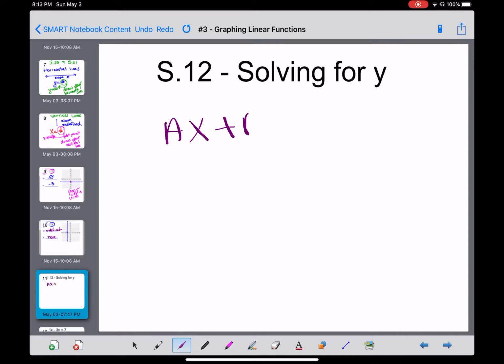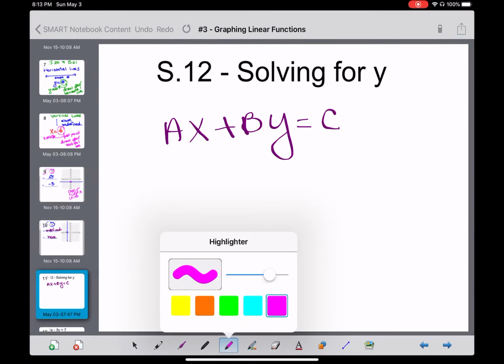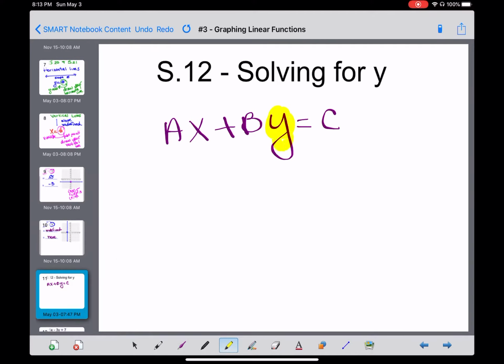AX plus BY equals C is what we call standard form. In a case like this, the y is the only thing that is staying. Everything else has got to go.